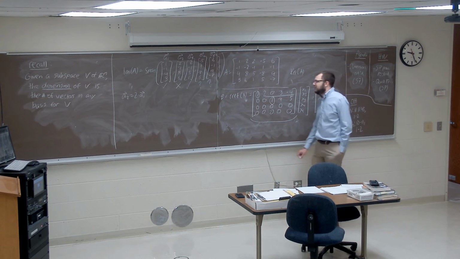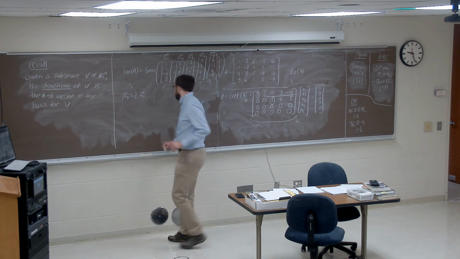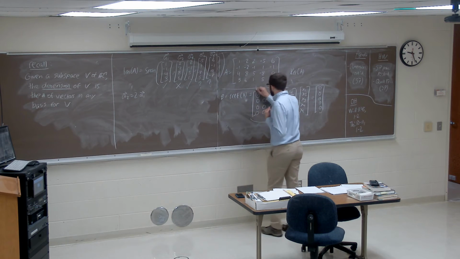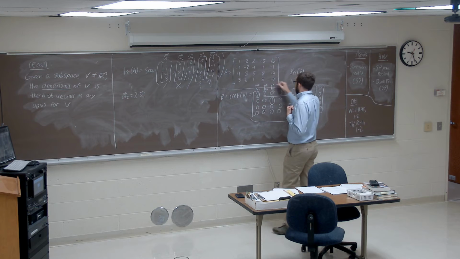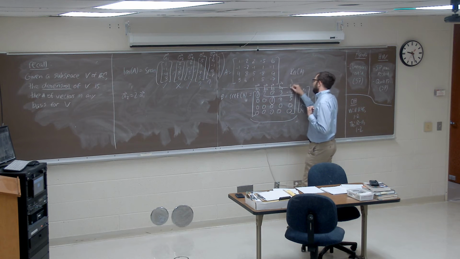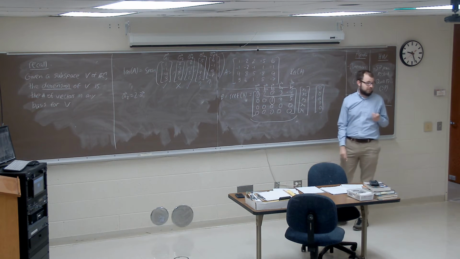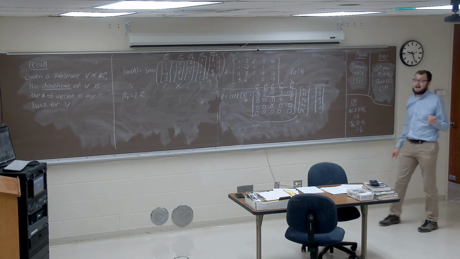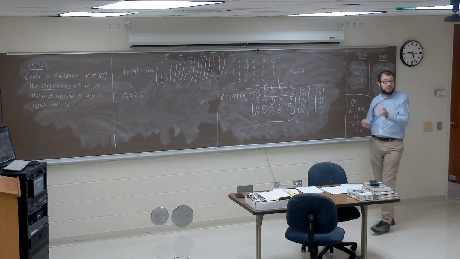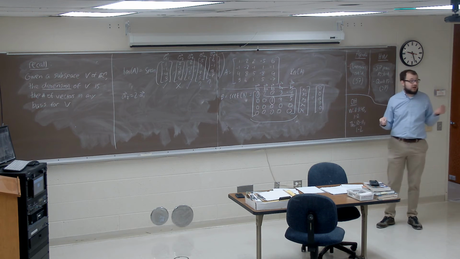Yeah. So let's give these columns names in the reduced row echelon form. We're going to call them B1, B2, B3, B4, and B5. And let's see out of B1 through B5, which of those are redundant.